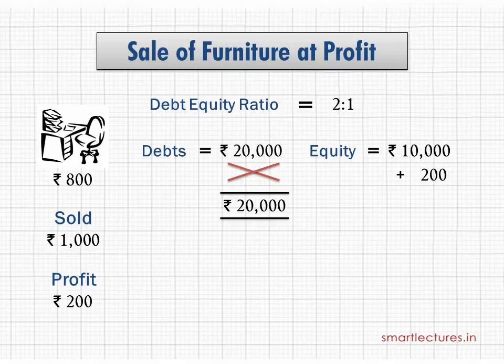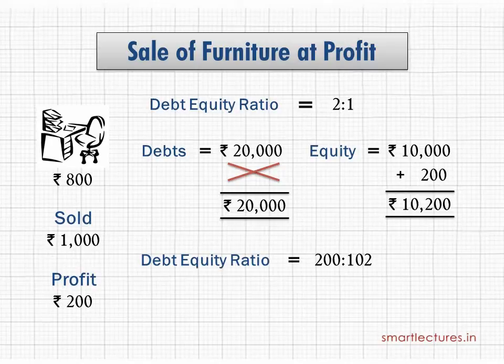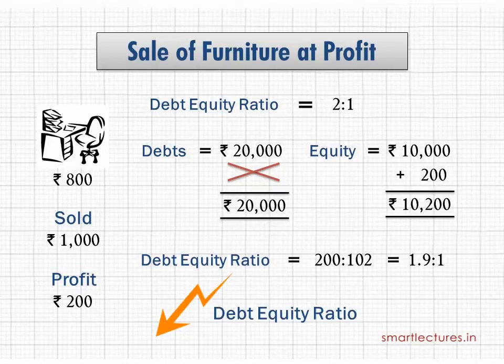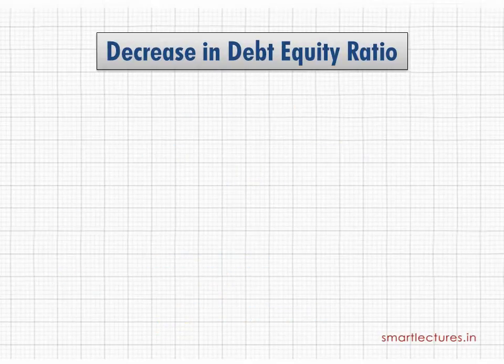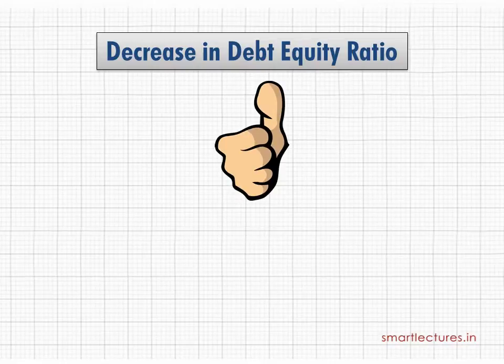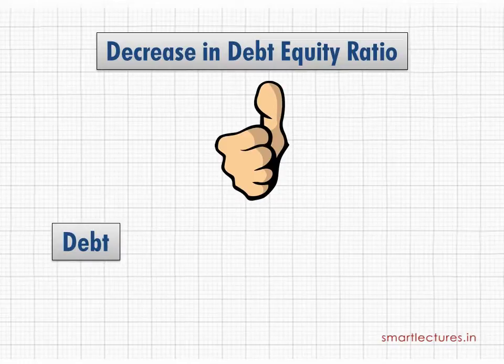So the new figures will be 20,000 is to 10,200, means 200 is to 102, or I can say 1.9 is to 1. It means this transaction will decrease the debt equity ratio, means it's a good sign for the company. Decrease in debt equity ratio means the debts have decreased as compared to equity.